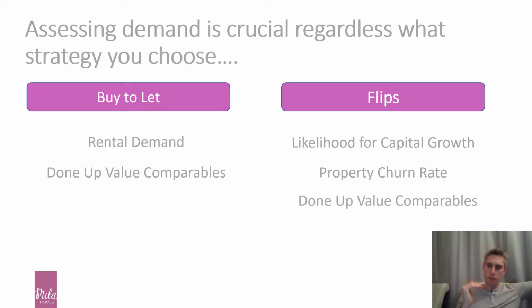But it's really important that when we get a surveyor out to finance that property, we get for it what we expect. So being able to look at the done up value comparables within a quarter-mile radius is really, really important, and I'll come on to how we do that.